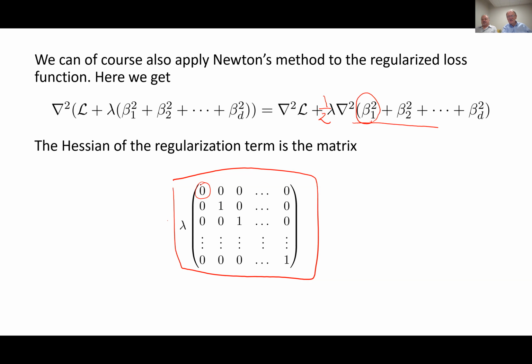You're just adding this to the Hessian of the unregularized loss function. So it's very simple to regularize the Hessian.